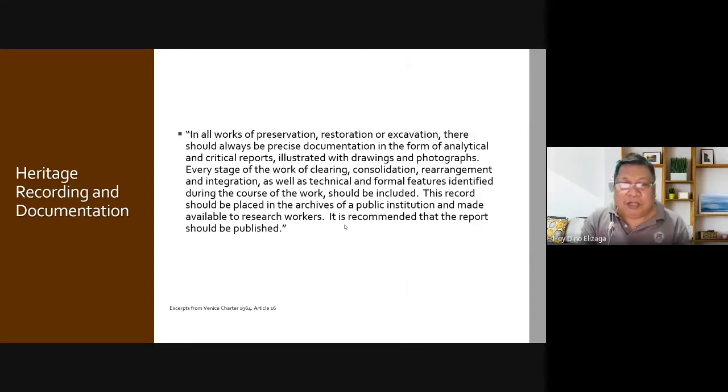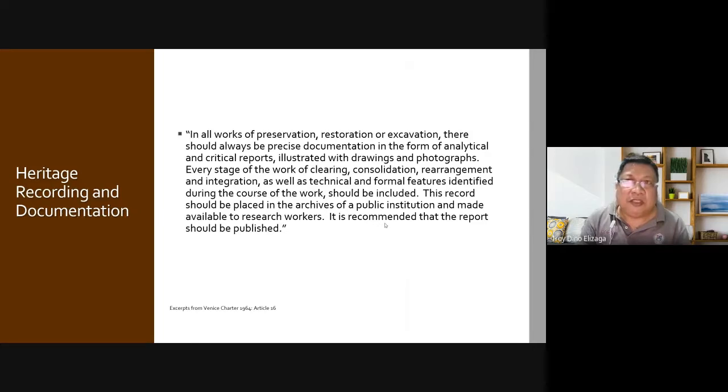This record should be placed in the archives of a public institution and made available to research workers. Now, this is something that we do not have yet. We do not have a public repository or a main repository for all these documents. Okay, so it's always project-based.